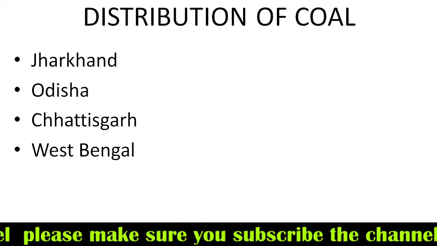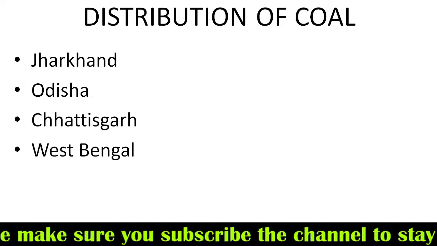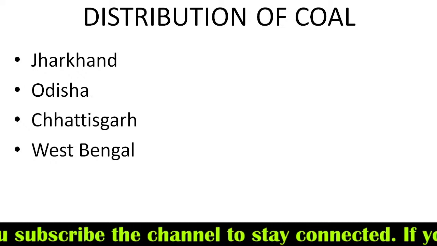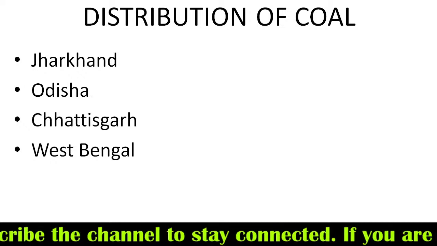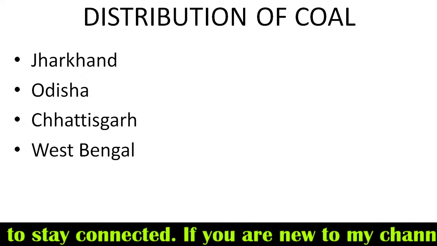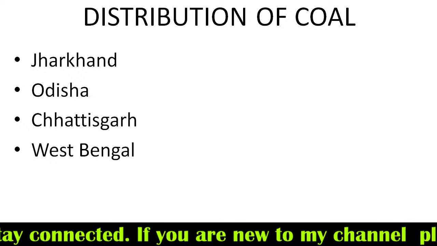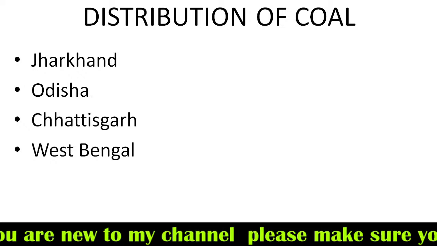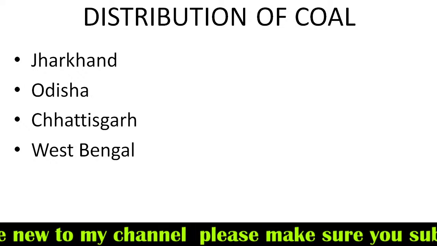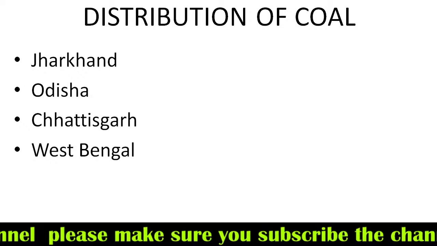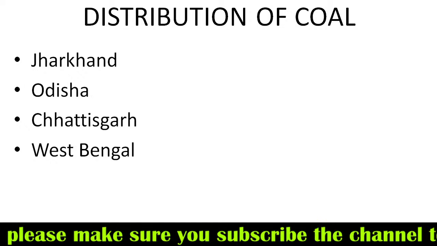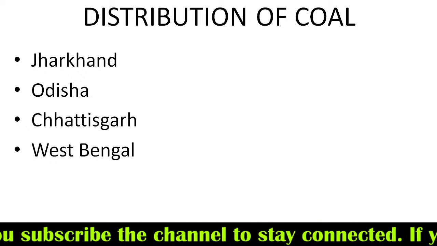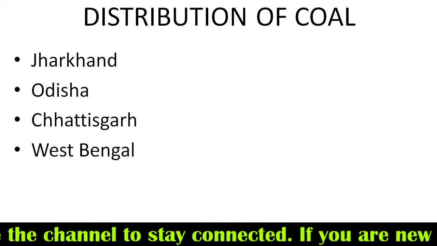Now coming to Son Valley coalfield, Son River. In this, the coalfields are mainly in Madhya Pradesh, partly Uttar Pradesh, they come under this, and the prominent one is Singrauli. Okay, later on you need to go through the atlas for better understanding.